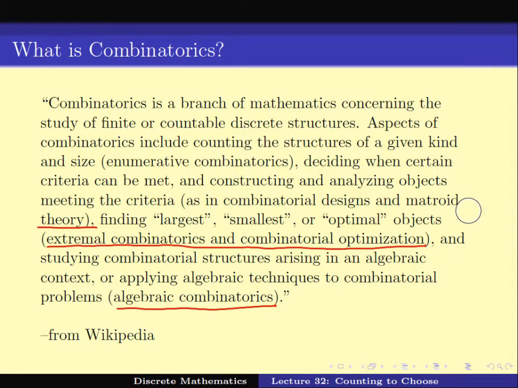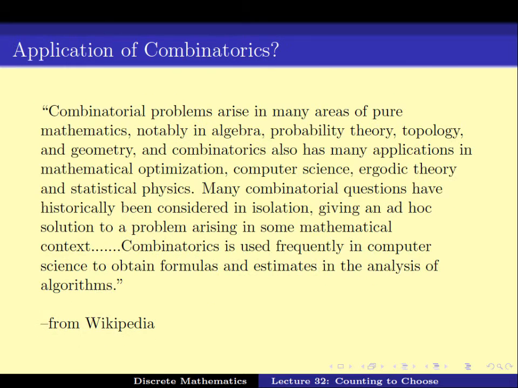Now, why do we need combinatorics? And again, as Wikipedia says, combinatorial problems arise in many areas of pure mathematics, notably in algebra, probability theory, topology and geometry, and combinatorics also has many applications in mathematical optimization, computer science, ergodic theory, and statistical physics.